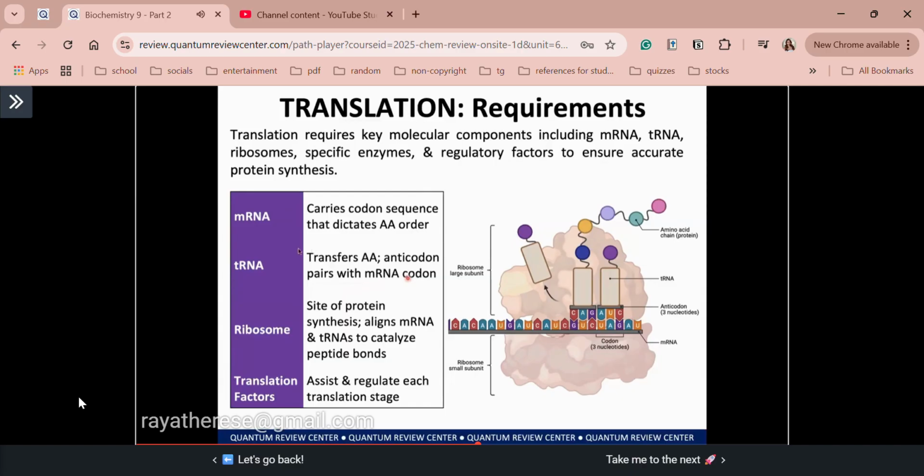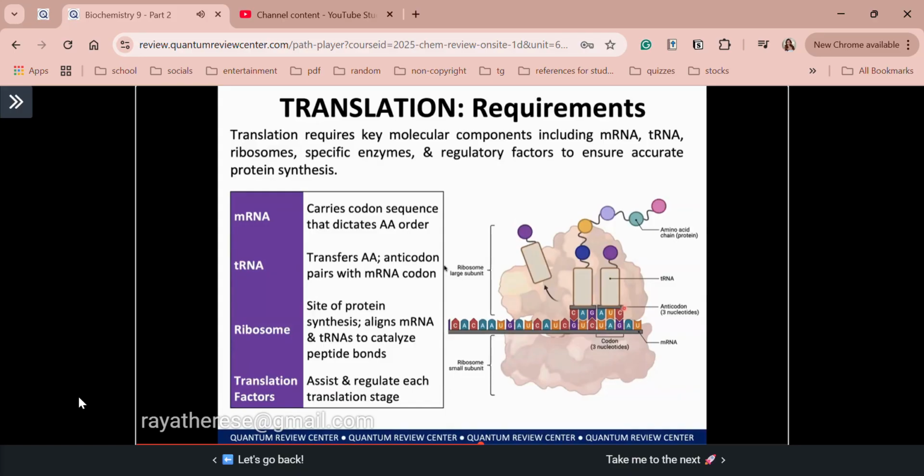And of course, remember, the site of protein synthesis is your ribosome, where it helps in aligning your mRNA and tRNAs to catalyze the formation of peptide bonds. Again, ang stabilizing bond in your amino acid chain, the primary structure of your protein is your peptide bond.